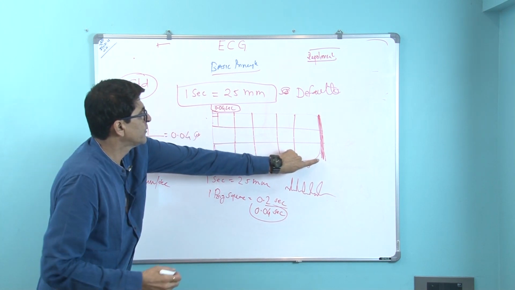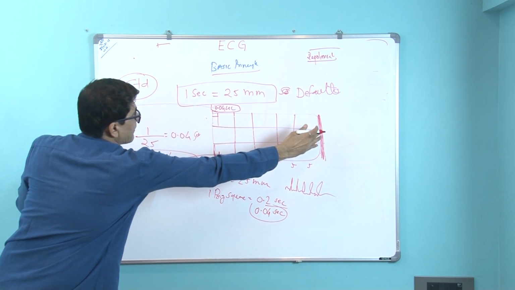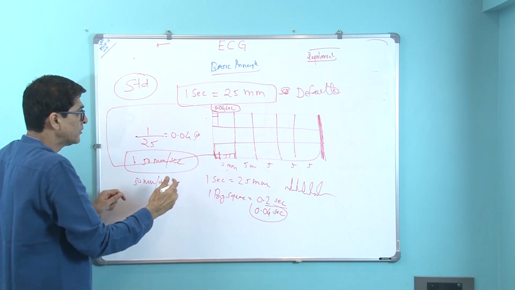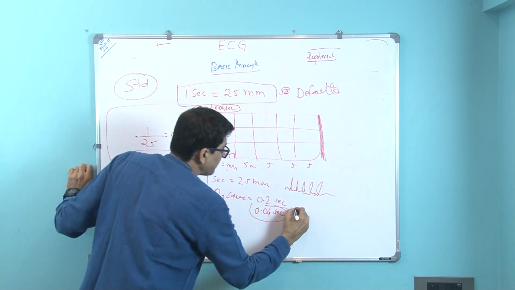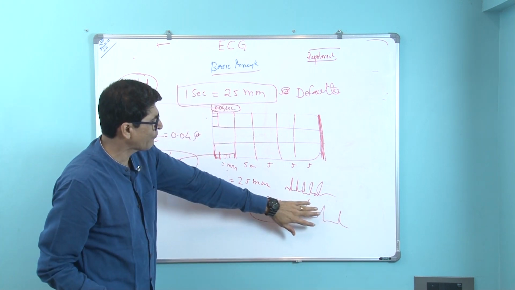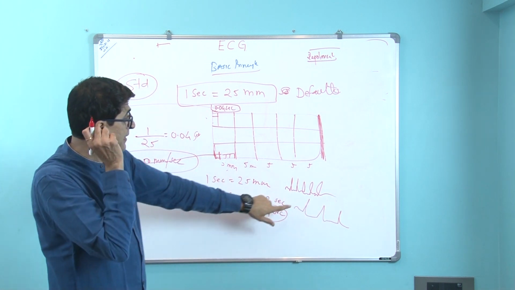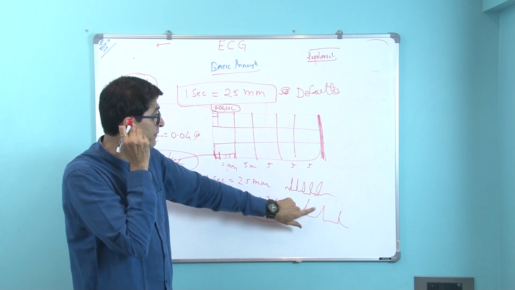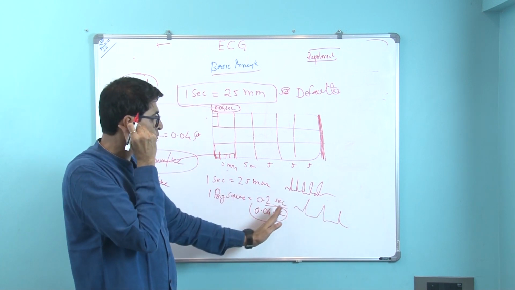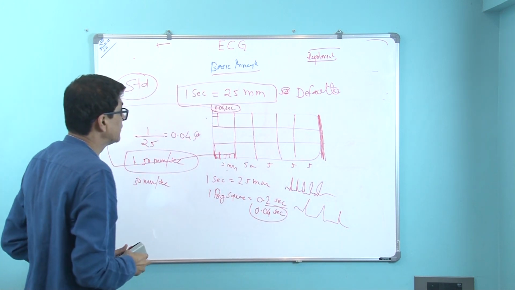Now this will be exactly double. In 1 second this much paper will come out, so the complex will be bigger. Now it is much clearer for you to see the waves, but while evaluating you know that this is 50 millimeter, so it is actually double speed. You have to halve the rate you calculate.